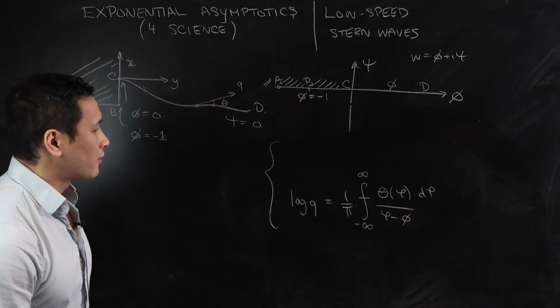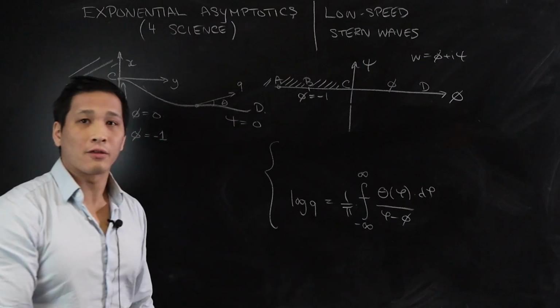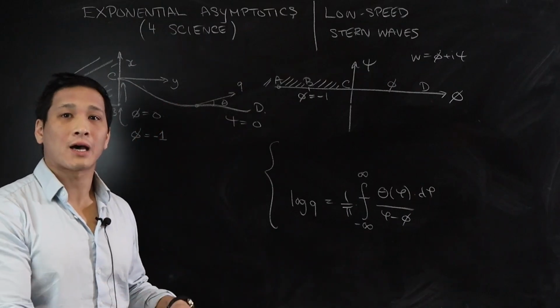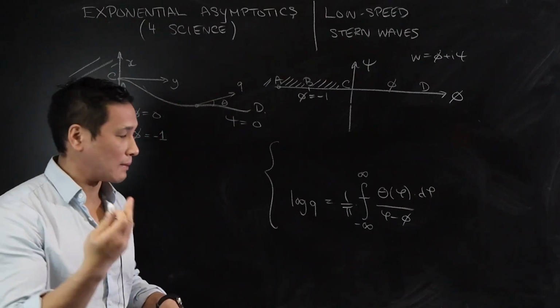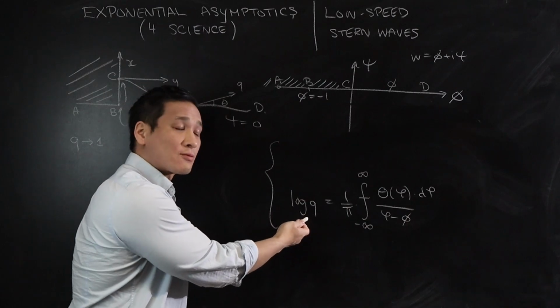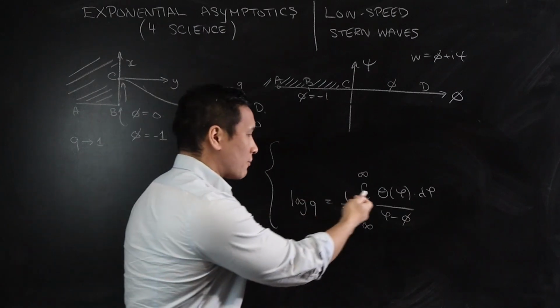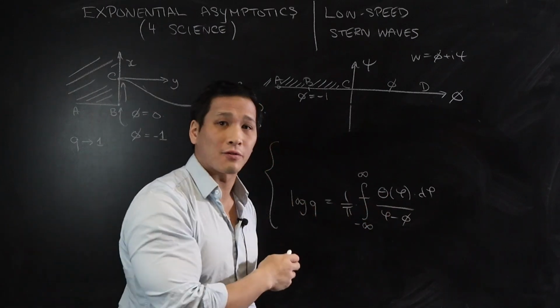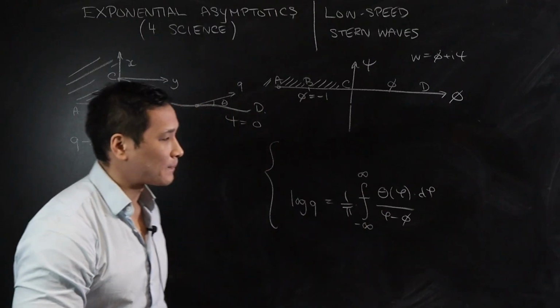So this is what you're going to be left with when you take the real part of that process that I explained before. Remember the real part of the left-hand side, that's why you had the log q. And then the real part of this right-hand side, there was an i in front, and that's why you end up with the theta.